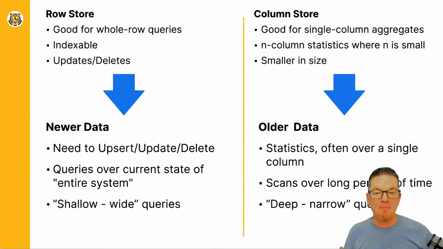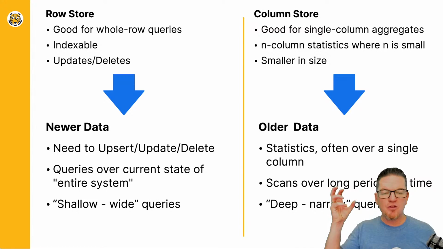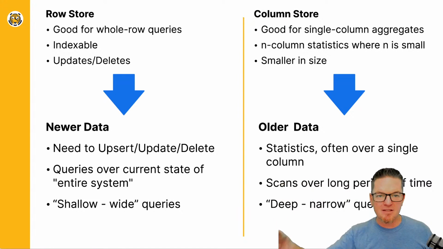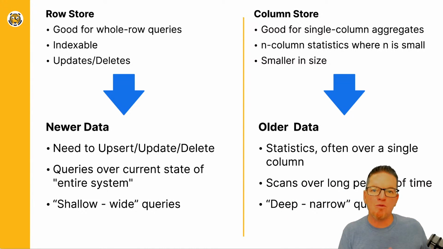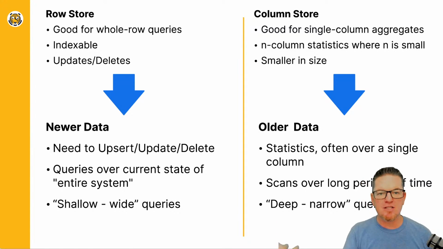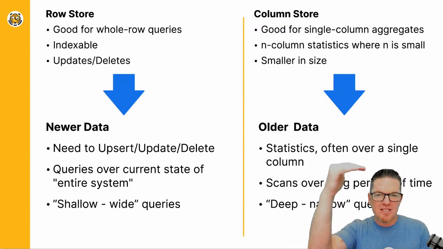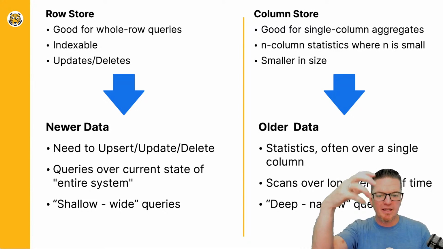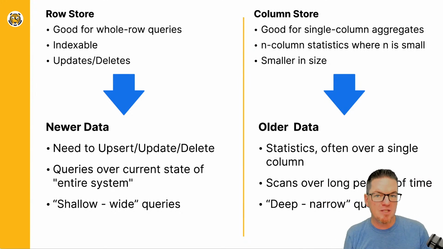I might want to say, hey, the current CPU is X. What is the average CPU over the last month? So I'm getting the average of one column for historical data to compare it to something recent. That's a great use case for column store because I can get thousands and thousands of values really quickly, aggregate them, and get a response back without having to select all of the other columns. So that works really well.